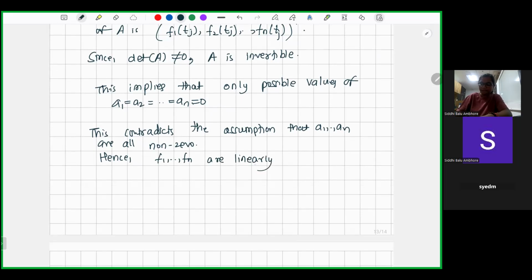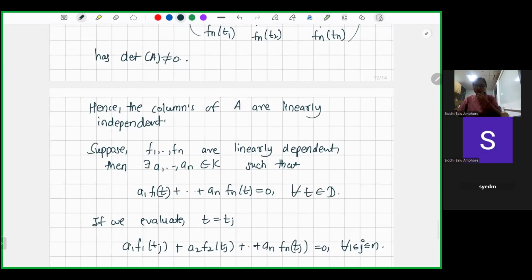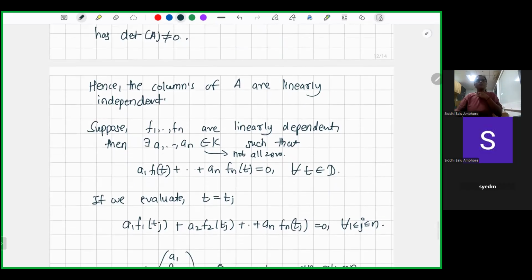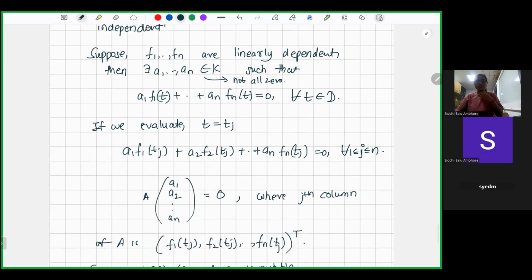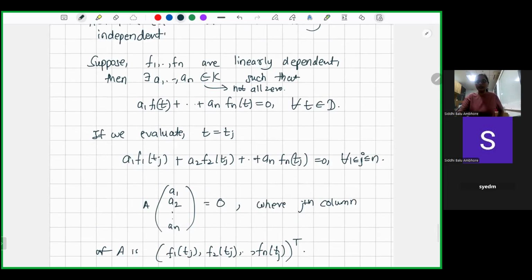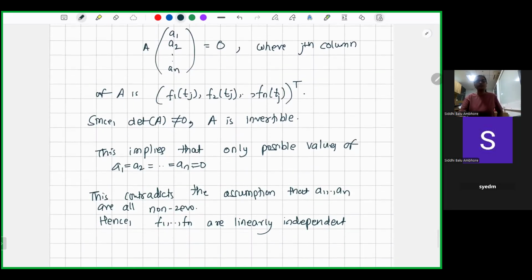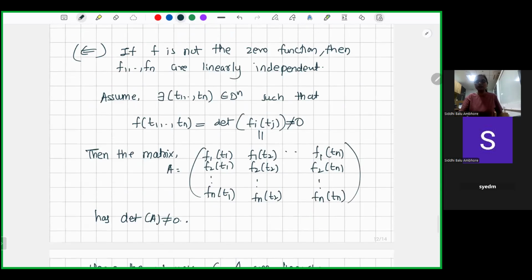Okay. Here, this is not all zero. So we started with a linear combination and then we arrived at a condition where it was contradicting the determinant of A as non-zero.